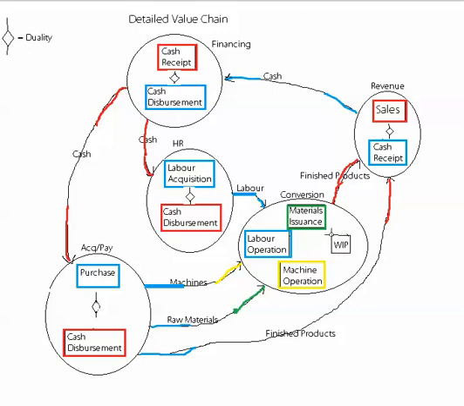So by actually doing the manufacturing process, we created the finished product that is going out of this process. And all of these are linked through a duality relationship. And there we have our detailed value chain.